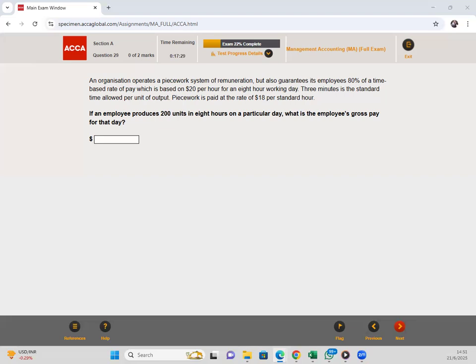How long is that? 3 minutes times 200 is 600. Then having 600 minutes in terms of hours, because they are being paid 18 per hour, you put that in hours and multiply by the rate per hour. $10.8.